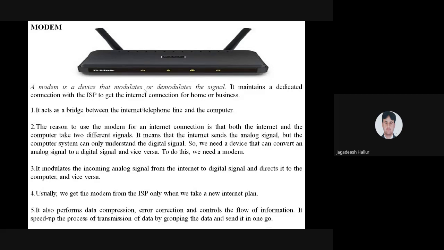Once it is modulated, it is transferred into the medium, and once it reaches the destination, the destination is going to convert that signal. If it is a digital signal, we are going to convert that digital signal into an analog signal, and if it is an analog signal, we are going to convert that analog signal into the digital or discrete signal at the receiver, and that is vice versa. These two processes have to take place.